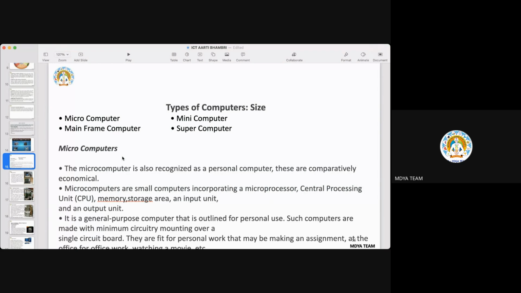They are small compared to other forms of computers, and they have a central processing unit, memory, storage area, input devices, output devices. We'll see each and every thing separately. It's a general purpose computer and the functioning is simple.